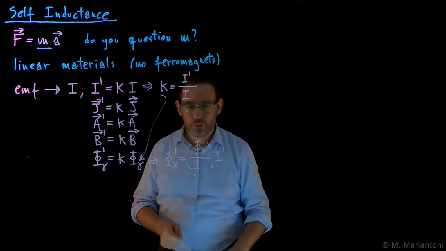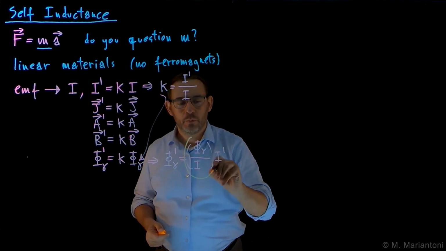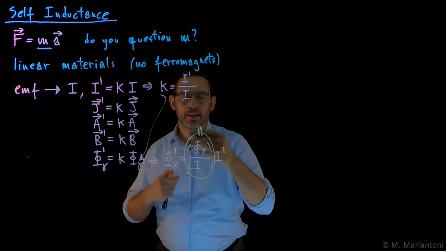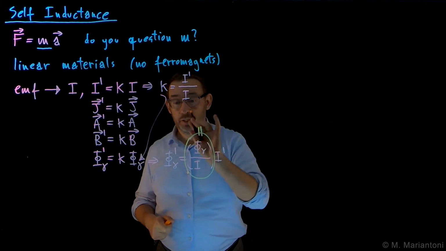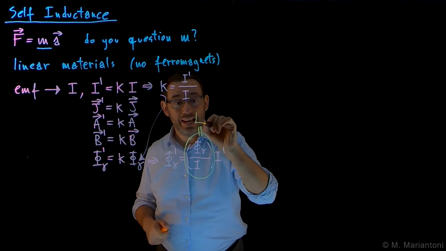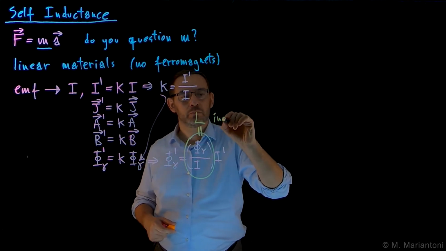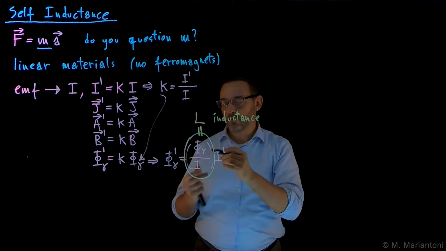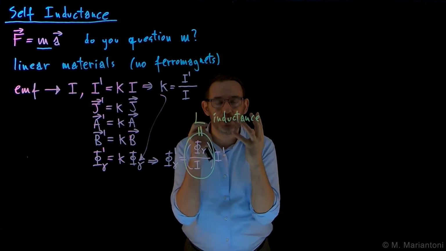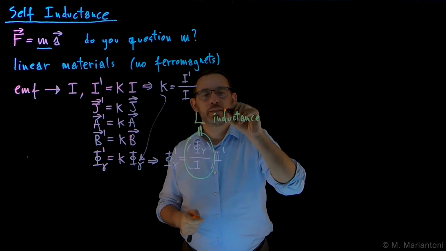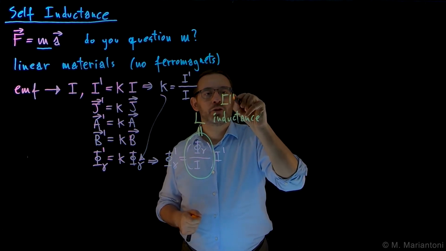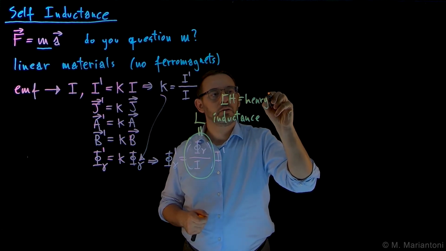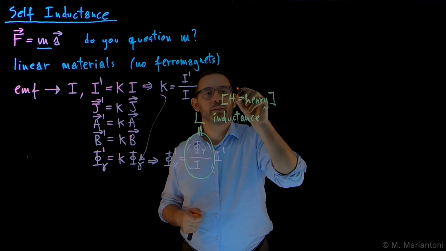This quantity here is a constant, not k but a different constant, and we call it L. This is the inductance. The units of which are H, or Henry, the SI units of inductance.